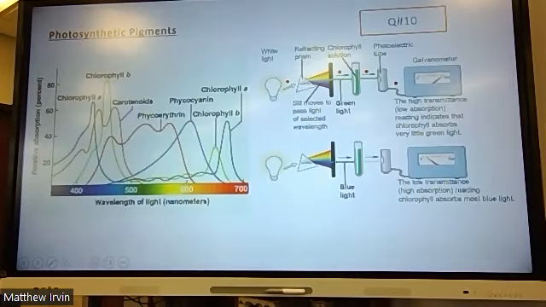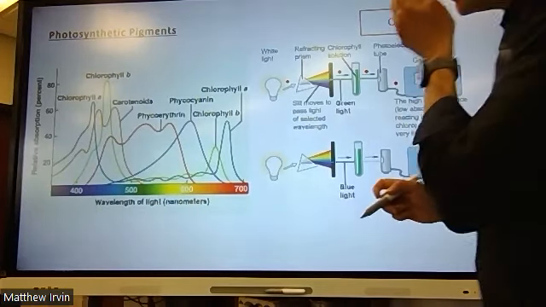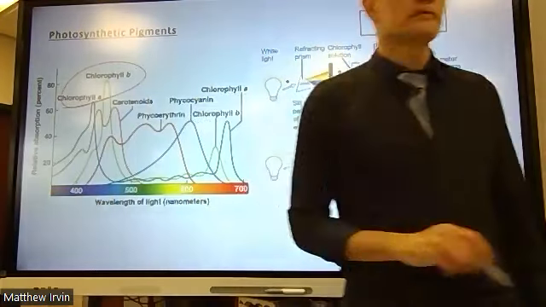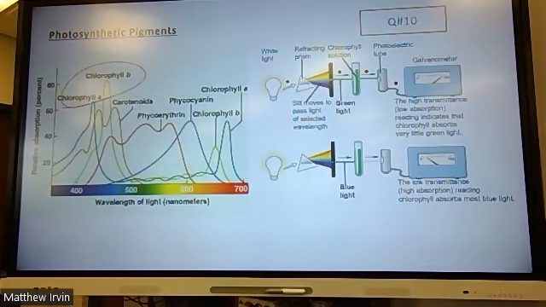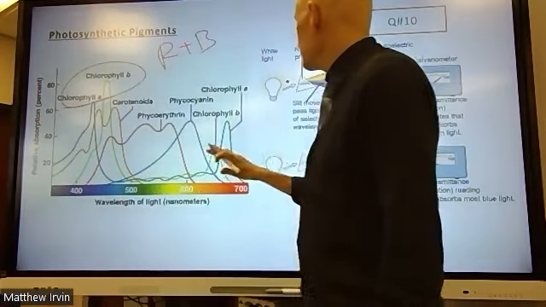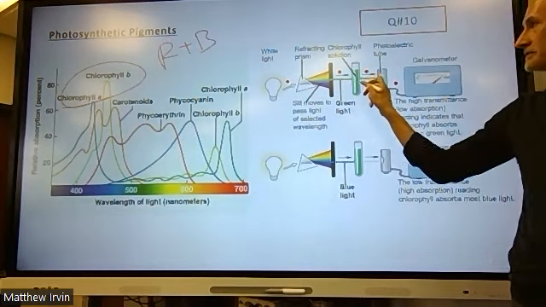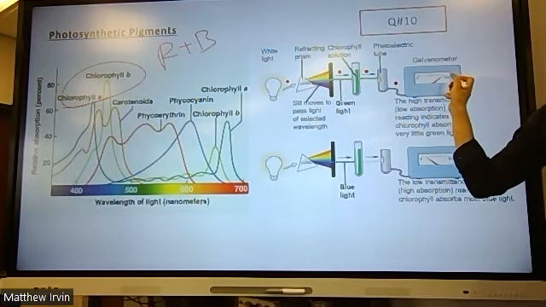Nope. All right, so your main photosynthetic pigments are going to be chlorophyll A and chlorophyll B. Looking at this chart, what colors do they absorb best? Red and blue. This is a spectrophotometer, so this is how they figure that out. They shine light through the sample and they see which one absorbs best.